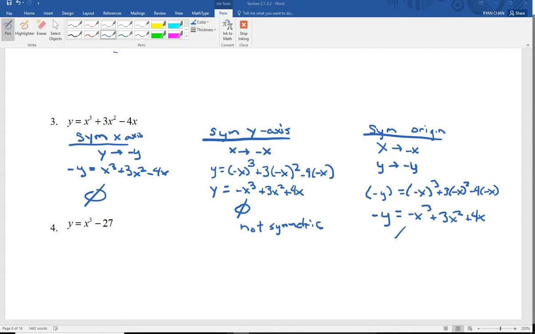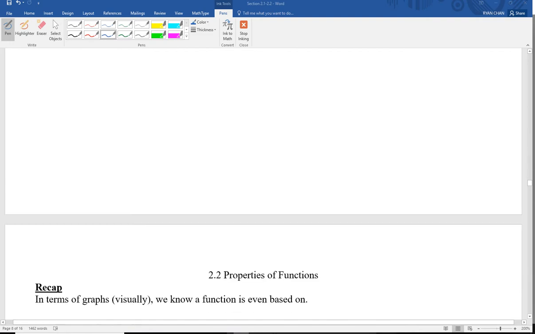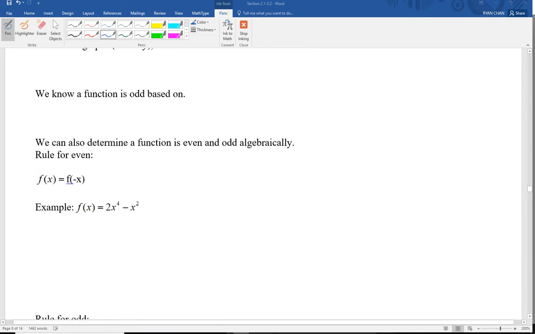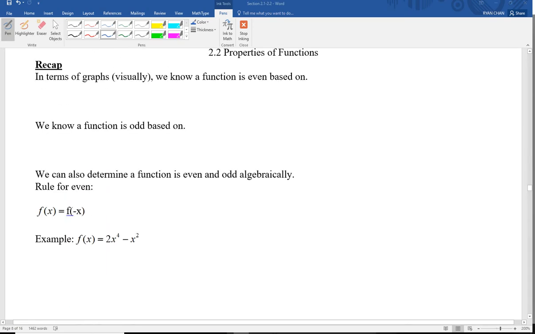So let's move on. So I'm going to do another portion of 2.2. This is very similar to what we just did. It's called even and odd functions, and it actually lends itself very closely to what we did with symmetry. So let's talk about what is even and what is odd. Even means the following.